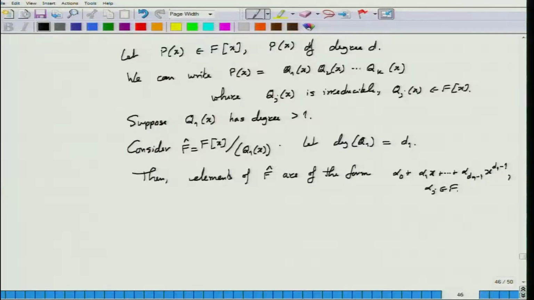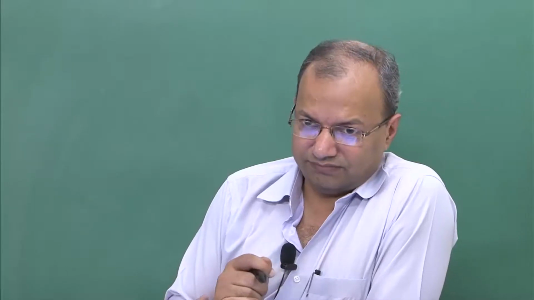Take any element of F[x], you can divide it. The GCD trick will give you a polynomial. After dividing, you get a residue of degree less than d1, and that's the element in this.